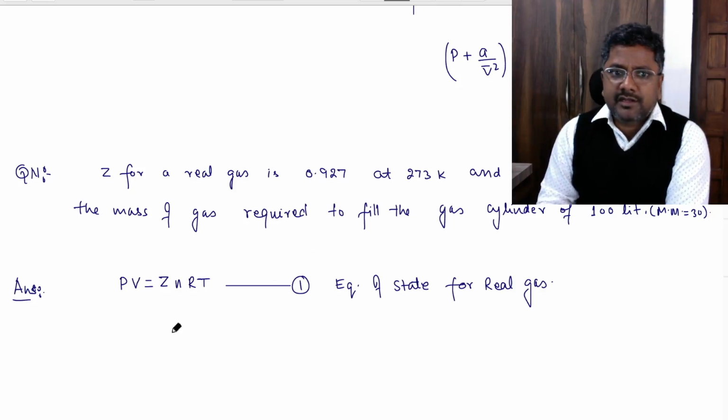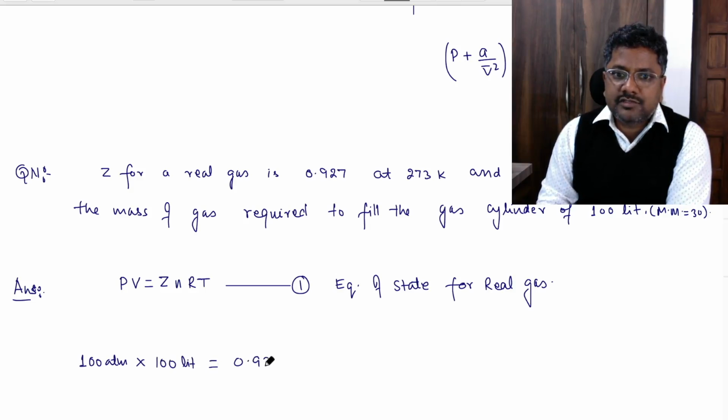So P is given as 100 atm, volume is 100 liters, and Z is dimensionless, that is 0.927, into the moles.